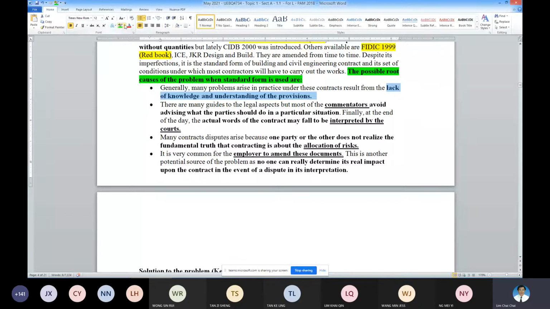The parties that are using standard form do not have proper knowledge and understanding of the provisions. A lot of them will read the standard form in isolation, because to understand standard form, you cannot read in isolation. You cannot memorize standard form. Standard form understanding needs a coordinated understanding: which clause is related with which other clause or subclauses.